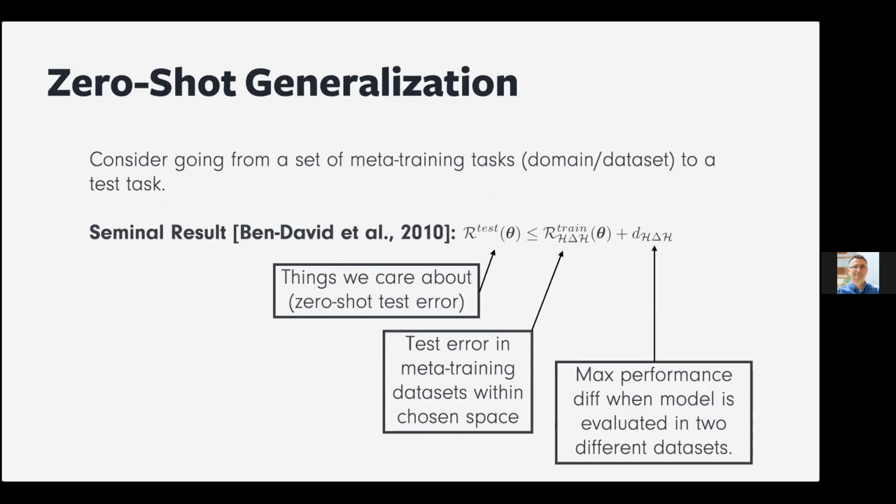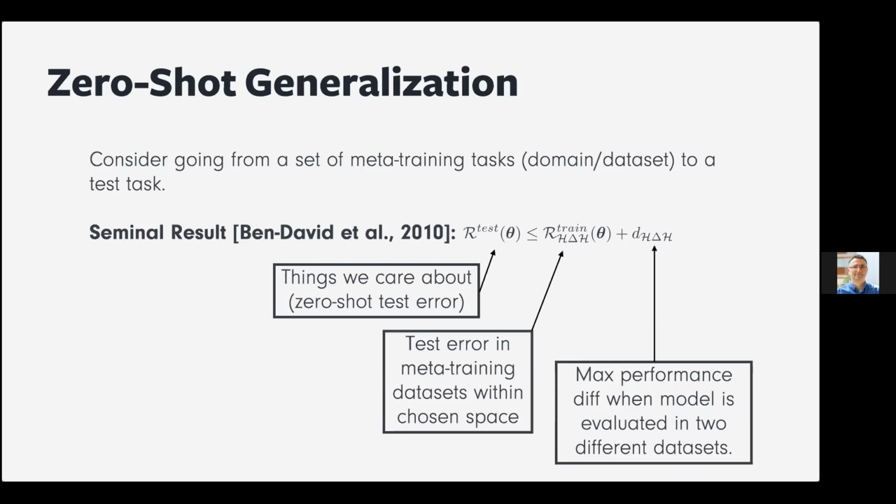Here is the complexity term. Basically, it means that if I choose an arbitrary representation function, and I learn different classifiers on different data sets, the performance will be different. The maximum difference between them will be this complexity term, which we call the pairwise complexity distance in the calligraphic H, delta H. I don't want to go into the detail because I will not present anything theoretical.